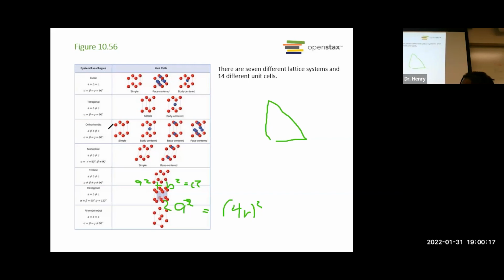This here is orthorhombic, and then this one is monoclinic, and this one is triclinic. This is hexagonal. This is rhombohedral. And so, as I said, they get a little more complicated as we go.